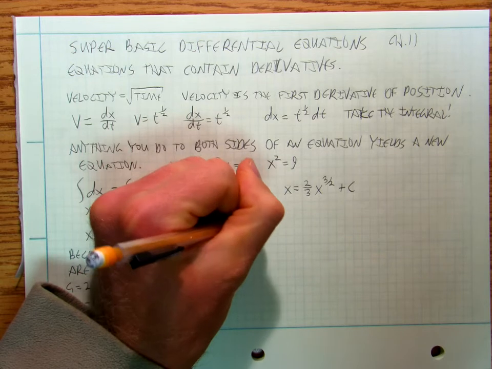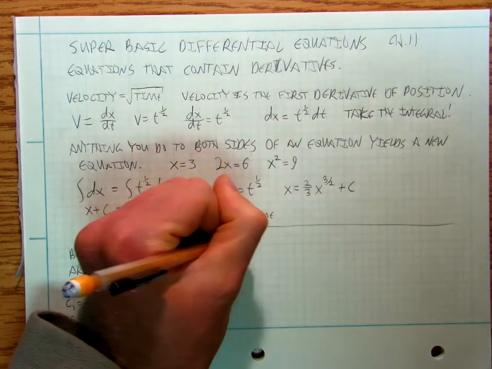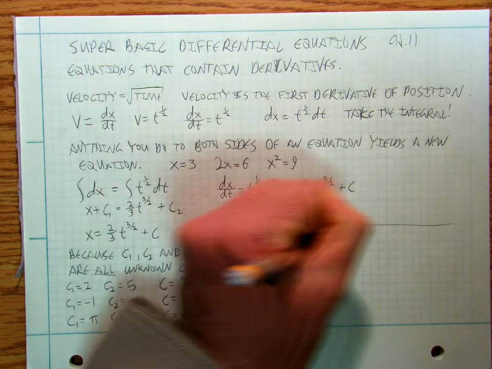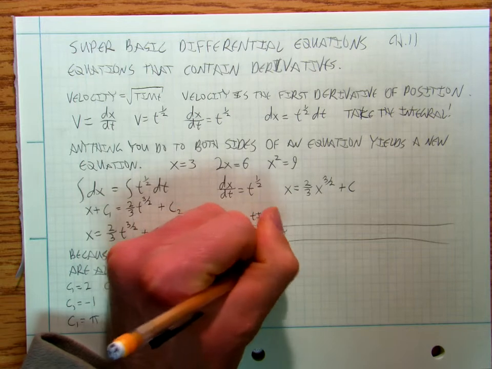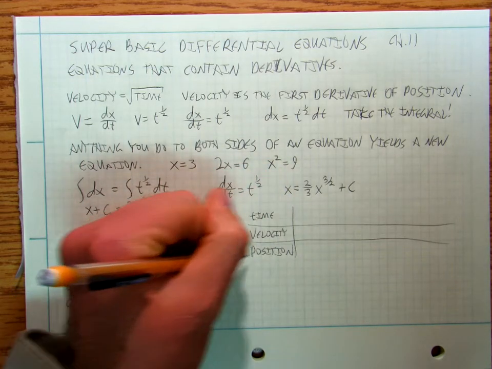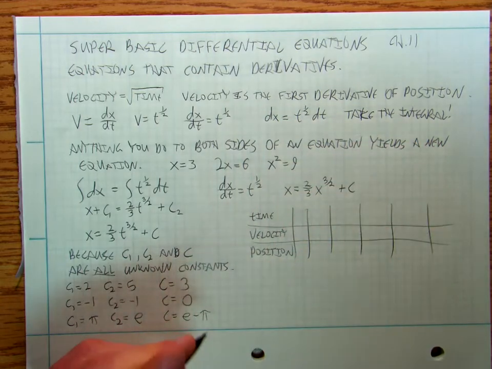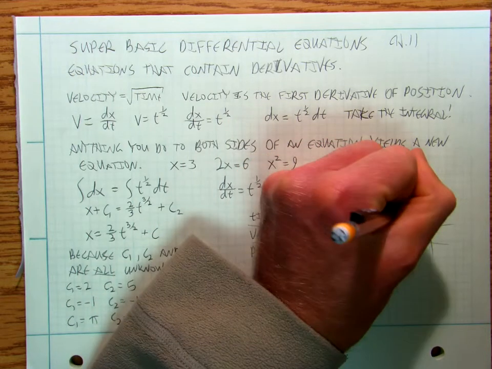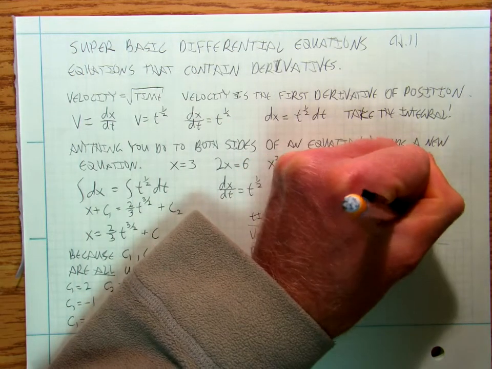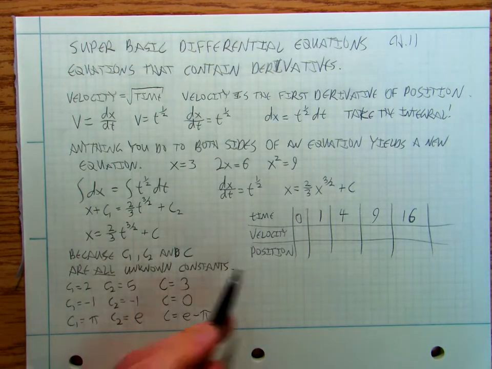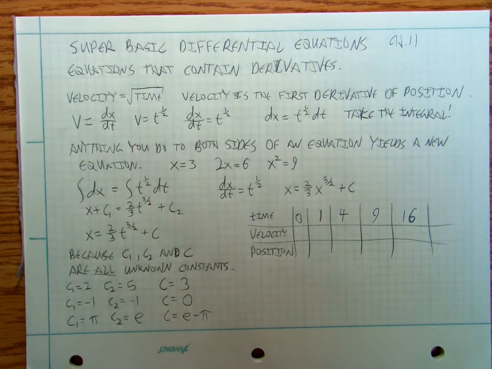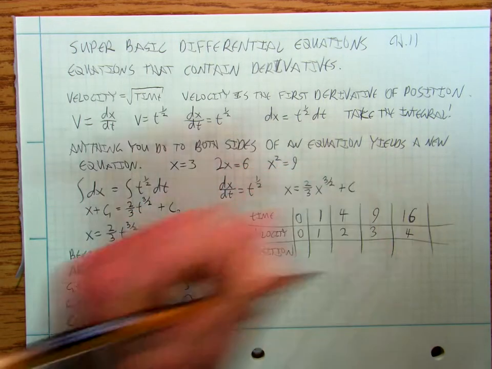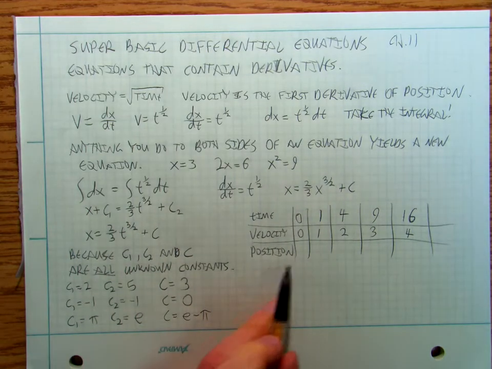And so I can make a little table, keeping the math simple, of time and velocity. Time is 0, 1, 4, 16. Then my velocity, remember, was the square root of time, so that's going to be 0, 1, 2, 4.